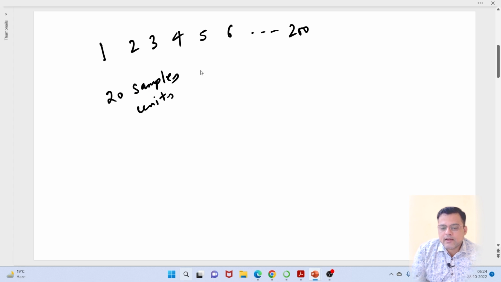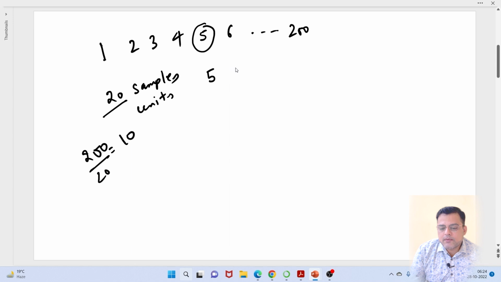So let's say I select a random number as 5. So 5 will be my first sample, and since I have to select 20, how many numbers do I have to skip? 200 by 20 is equal to 10.